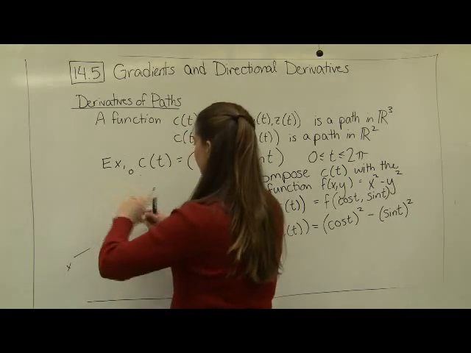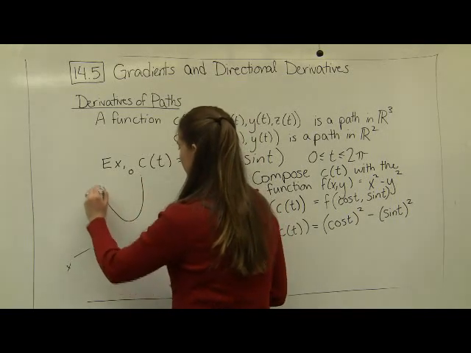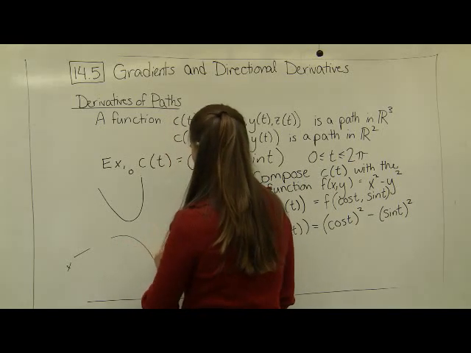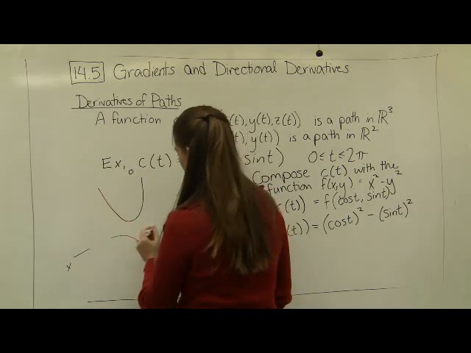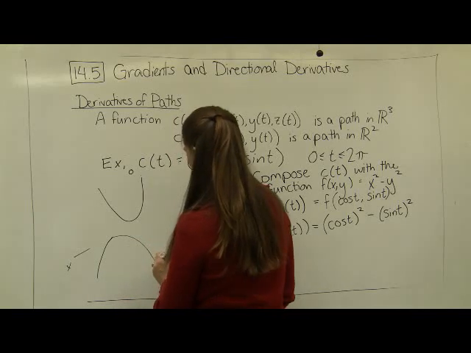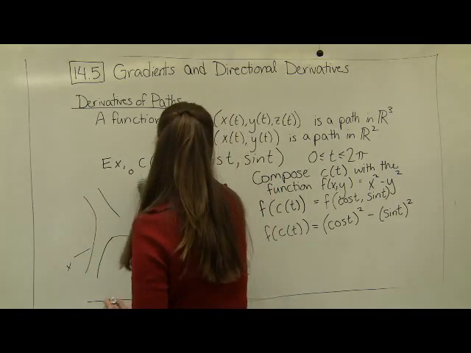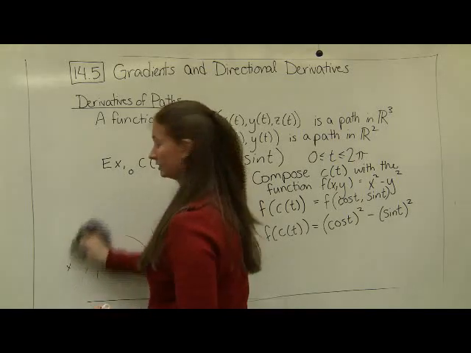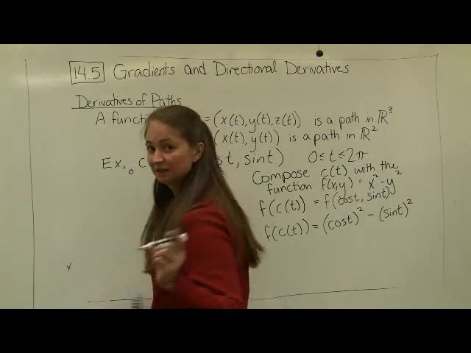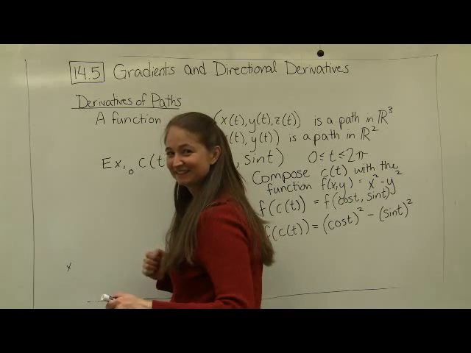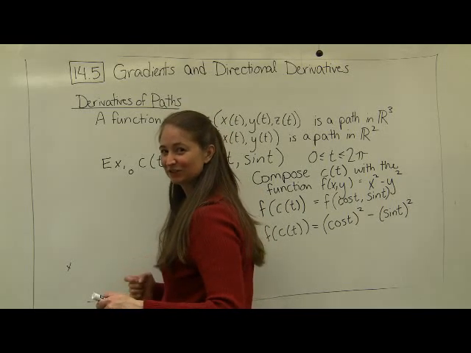That it's curving up in the x-plane, and then it's curving down in the y-plane. So it's going to be something that looks, oh dear, I had a really great drawing on my paper earlier. Maybe I'll pause the video and come up with a good picture. Just a second. Hold your horses. Right? It's a saddle function.